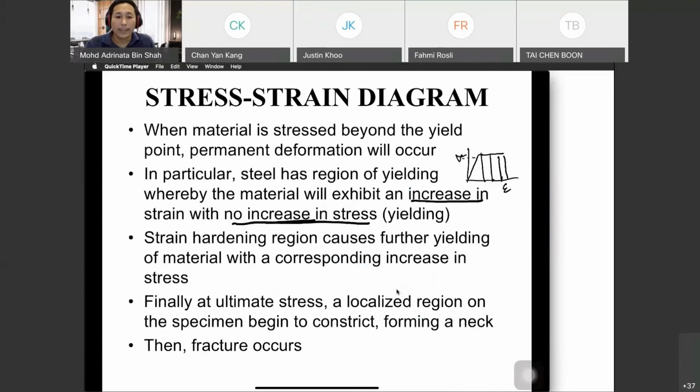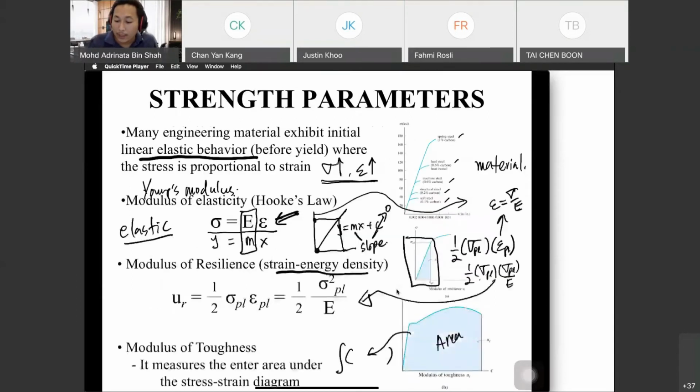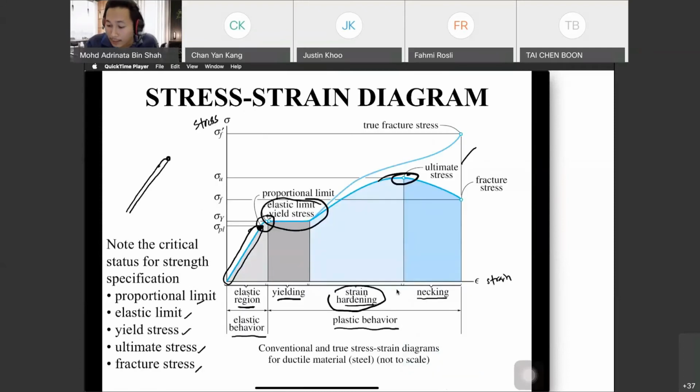Finally, at ultimate stress, a localized region on the specimen begins to constrict, forming a neck. This is where your specimen will form a neck. Okay, necking.